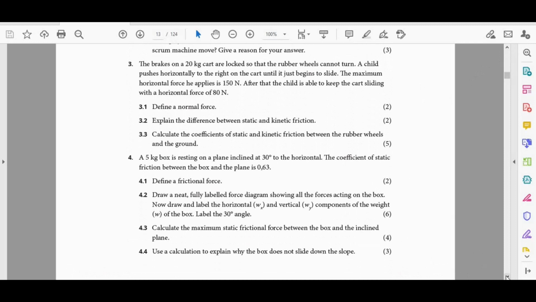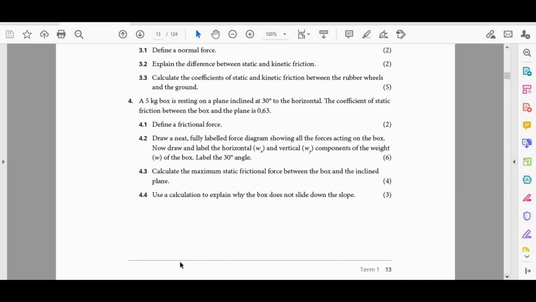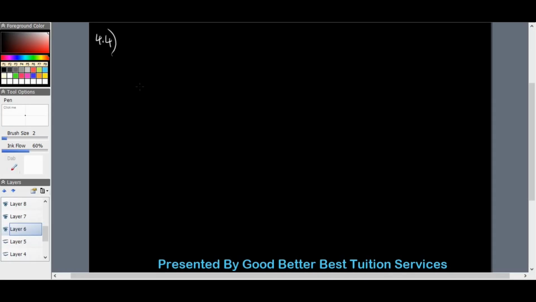So for question 4.4, we apply a similar calculation. We know that the force of static friction we just calculated is equal to 26.73 newtons. Check, we have that.